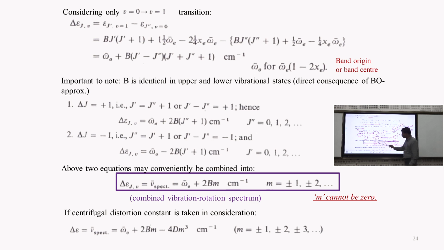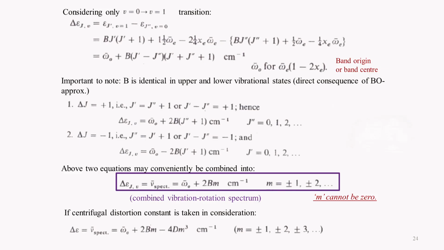If m cannot be 0, then in this expression omega 0 plus 2Bm, the 2B will always be there. You will not have any situation where you will see the center of the band. The center of the band comes at omega 0. Always you will have either plus 2B or minus 2B, because m is not 0.